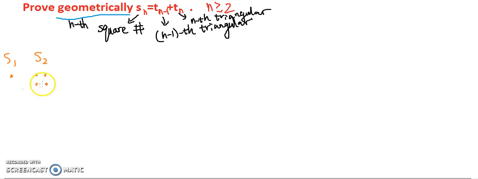That's exactly 4 dots, and you can draw them, and that would be a square. And S_3 would be 3 rows and 3 columns, and that's a square also. And S_4 we will have 1, 2, 3, 4, 1, 2, 3, 4, 1, 2, 3, 4.